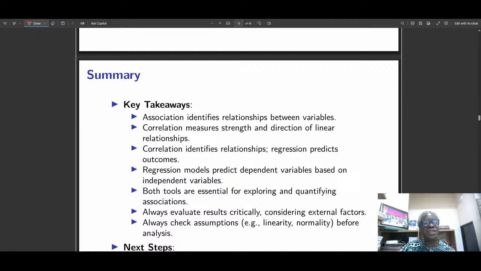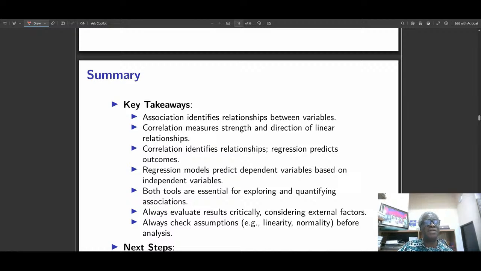in association, our interest is to establish relationships between variables: positive, negative, no correlation. Are they moving in the same direction? Are they moving in opposite directions?